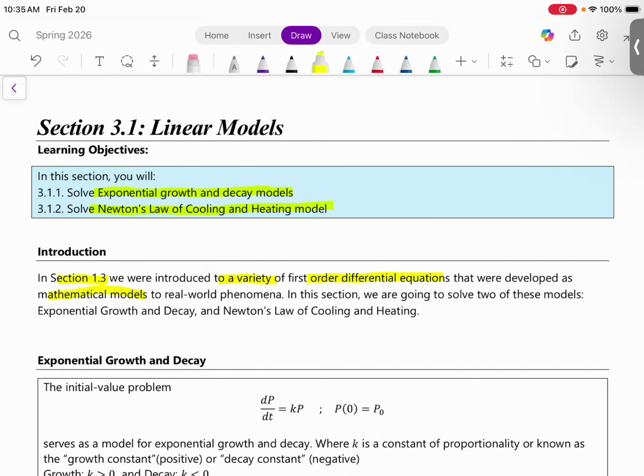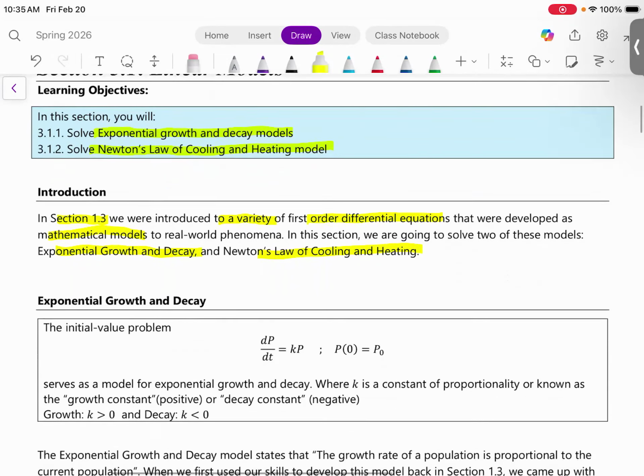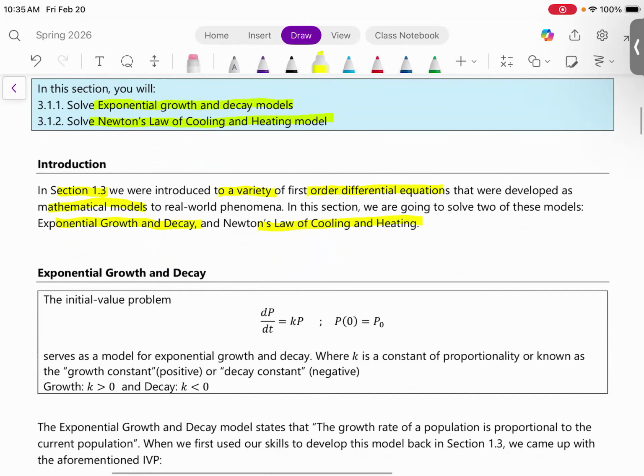So we're going to be able to now solve these mathematical models. And the two main we're going to look at today are exponential growth in various situations and Newton's law of cooling and heating. So let's introduce the most general form of exponential growth and decay.